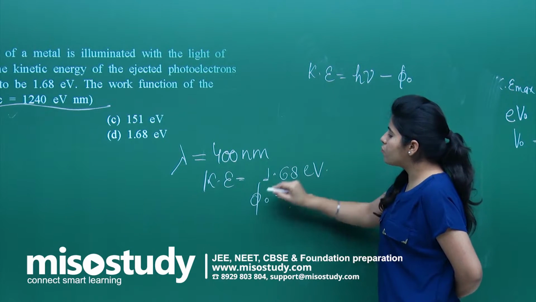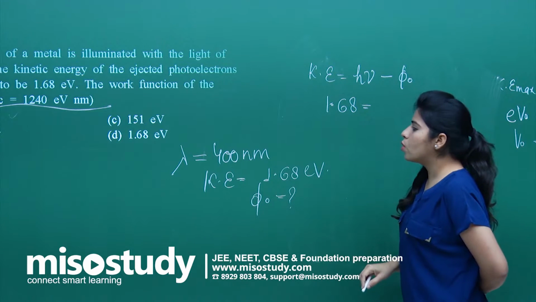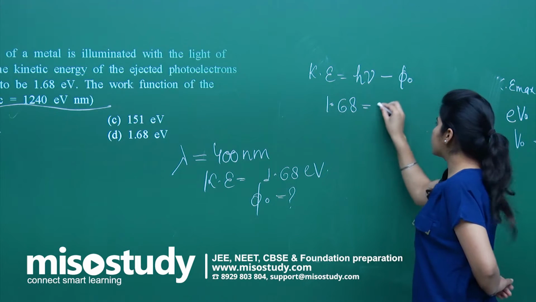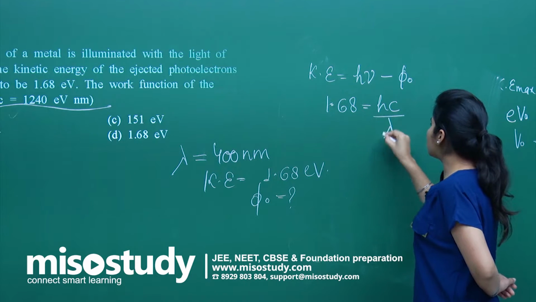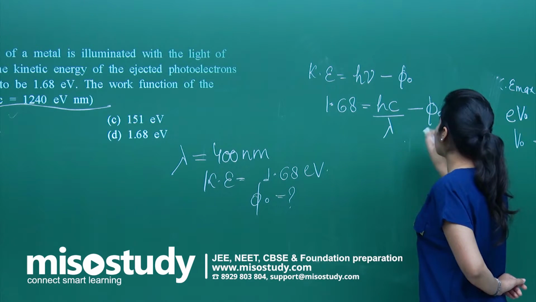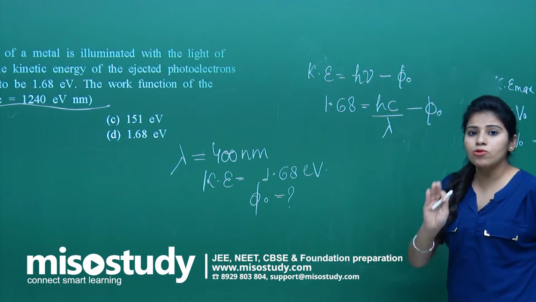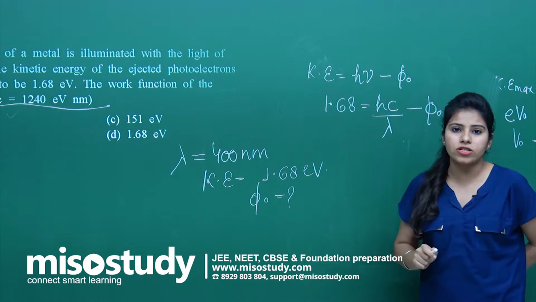Now, in this question, we are having 1.68 equals h nu. I can write this nu in the form of c by lambda, minus work function. Now, if I have to find the work function, you can see how simple this question is.